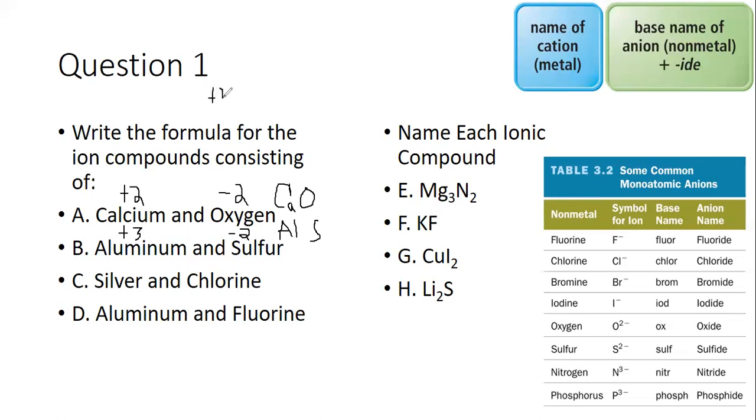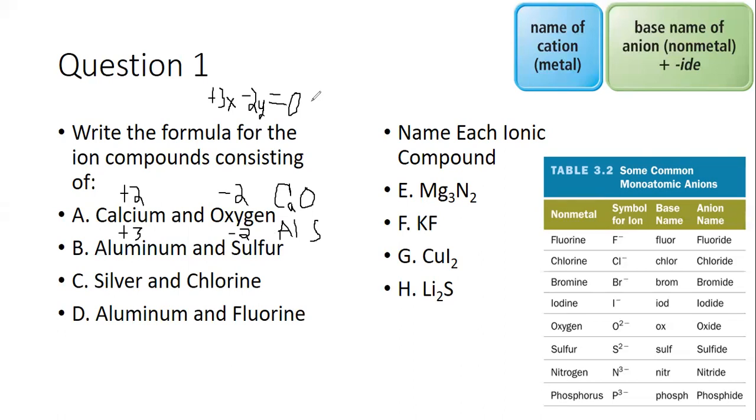So really the math is if aluminum is +3 and I have X amount of them, and sulfur is -2 and I have Y amount of them, what is X and Y so that this equals 0?